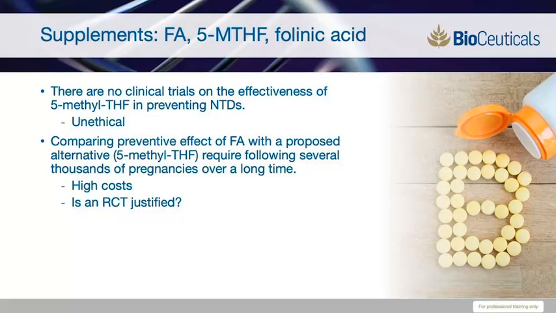That would be unethical because we know that folic acid is important for pregnancy. So we're not going to get those studies. The only way that we really could start to confidently say that 5-methyl tetrahydrofolate is better, or perhaps something like folinic acid is better than folic acid, is by having some really large studies, thousands of pregnant women, following them over time and then comparing. But this would cost a lot of money, and whether the people that fund this kind of research think this is justified, at this point we're unsure. But that's what we need.